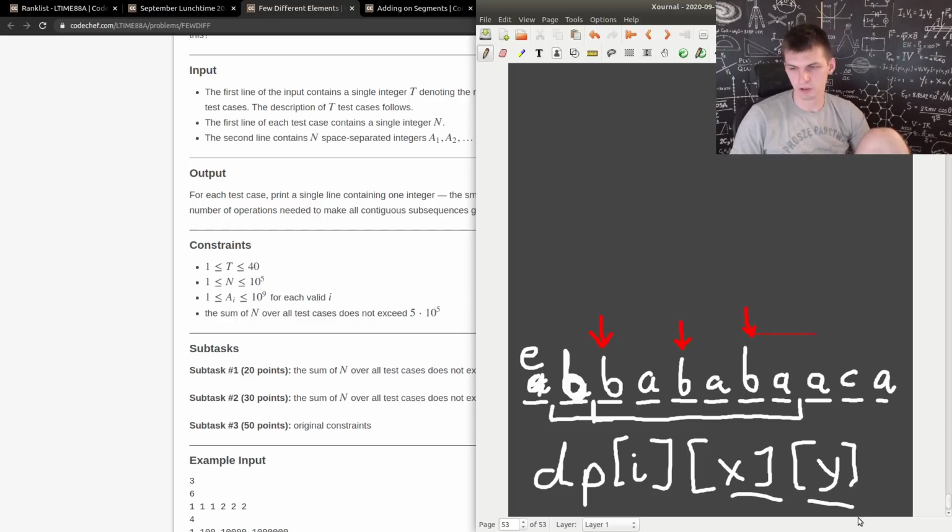And if x is equal to y, then the next number can be anything.